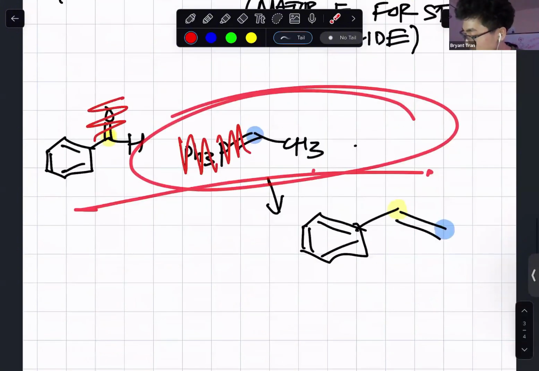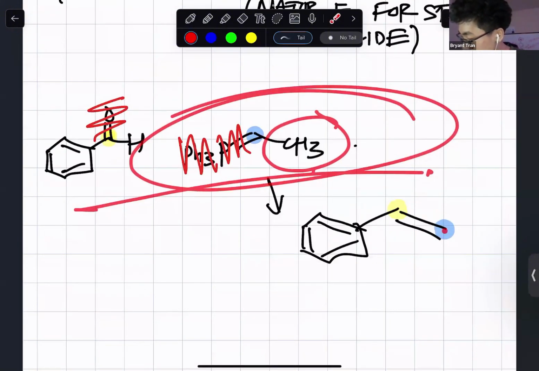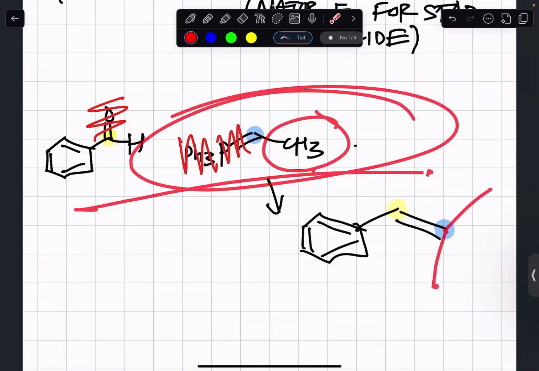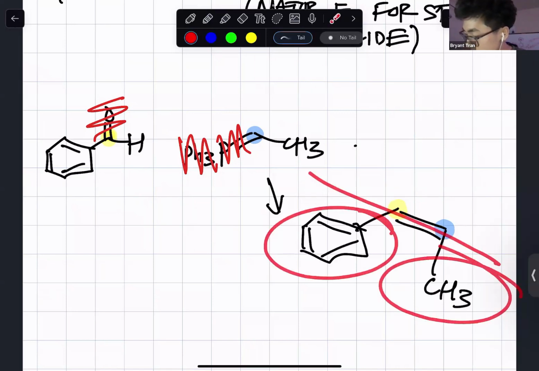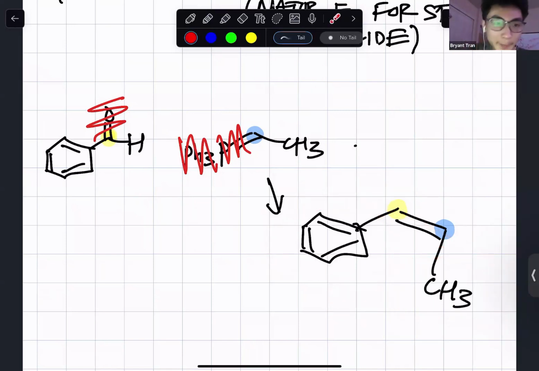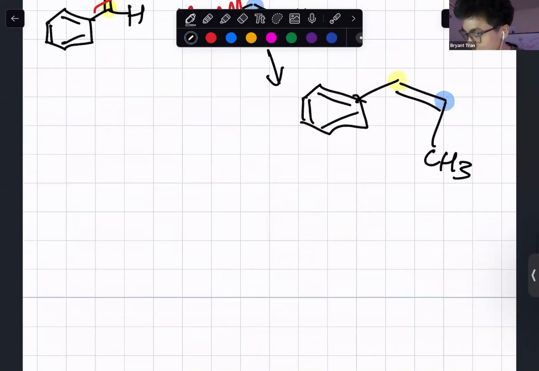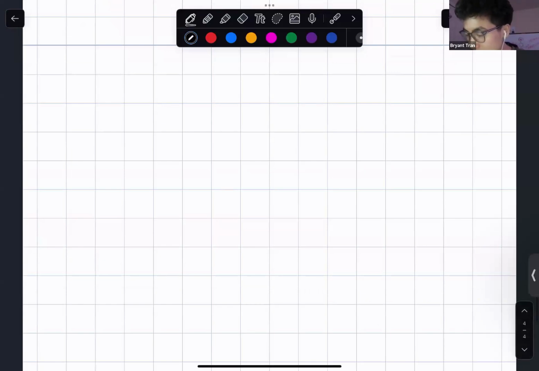So Z. So my methyl group here, the R group, would it go up or would it go down for the major product? If we want the Z alkene, our major product would have the methyl group going down because that would lead us to our Z alkene, where the two product groups are on the same side, like that. Now, let me give you an example here, but with a stabilized ylide this time.